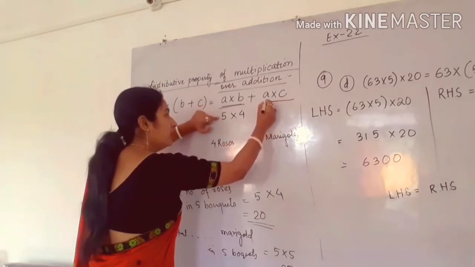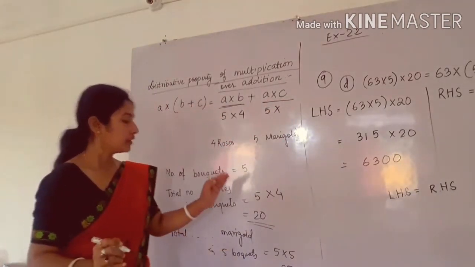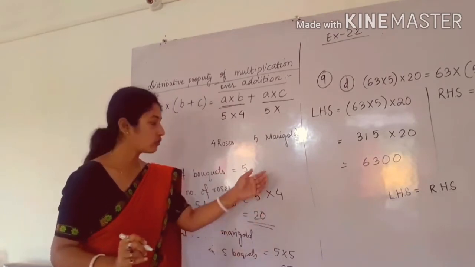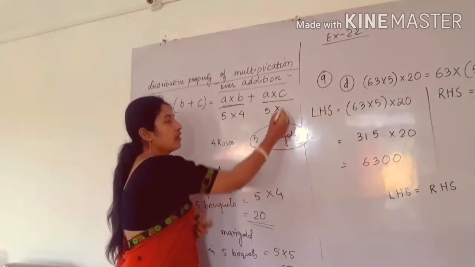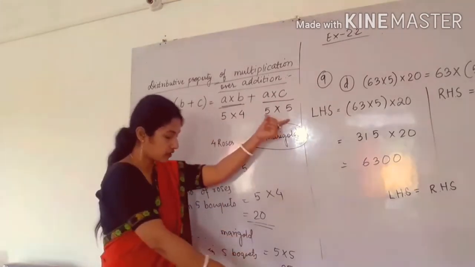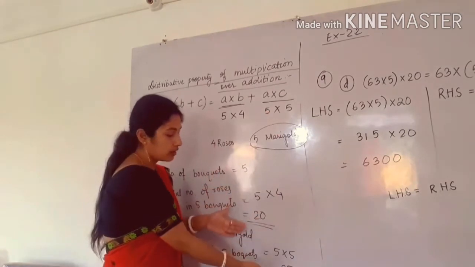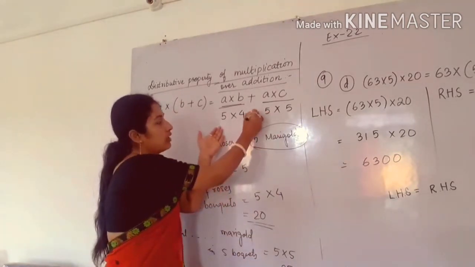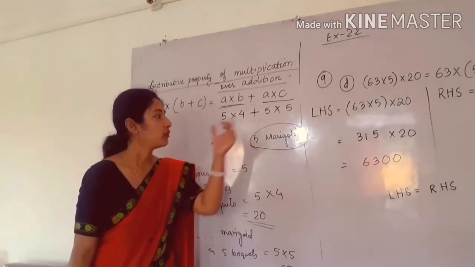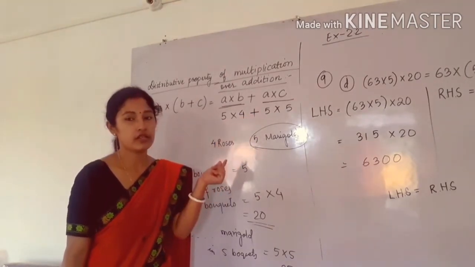Here you have to put 5 into C. The value of C will be the number of marigolds in one bouquet. So the number of marigolds in one bouquet is 5. So 5 fours are what? 20 and 5 fives will be 25. After that what you have to do? You have to add the two numbers. That means you have to put the positive symbol between the two numbers. So here finally you will get 45 as the answer.